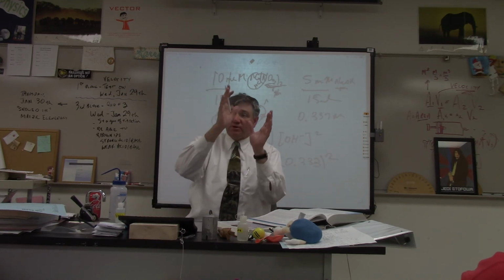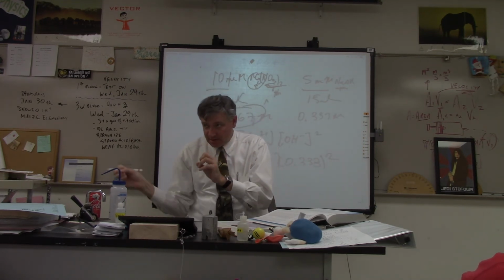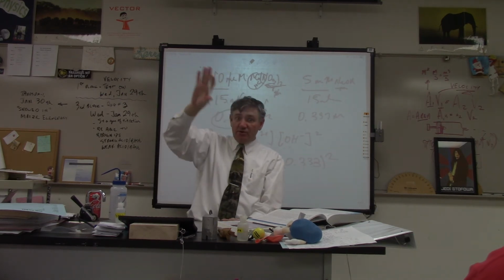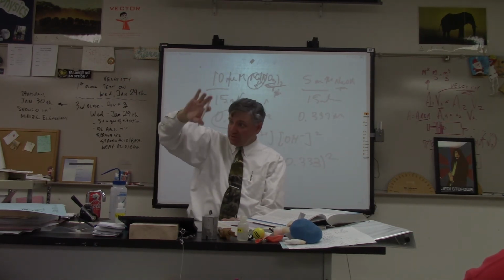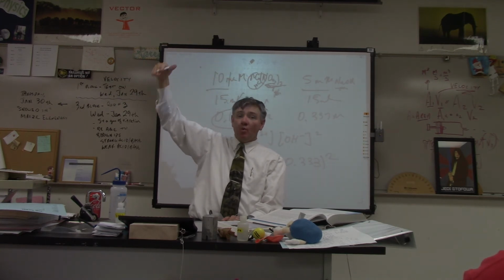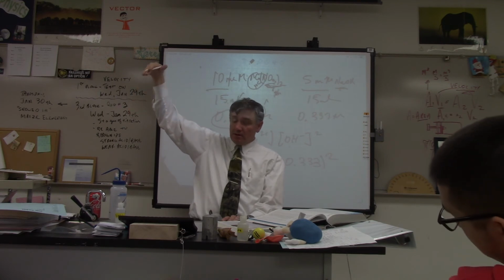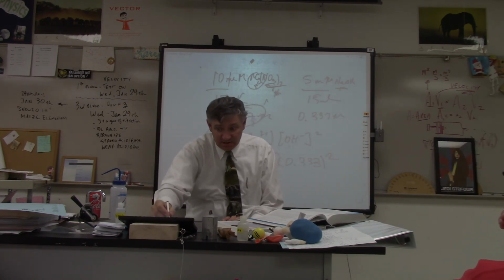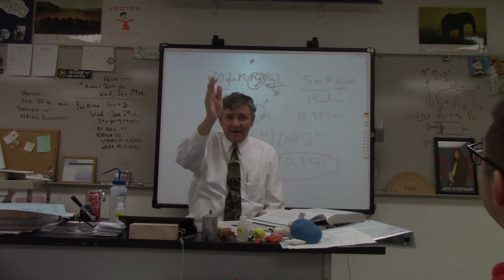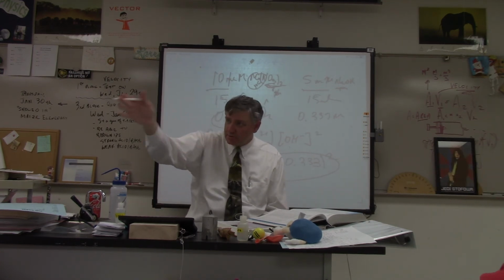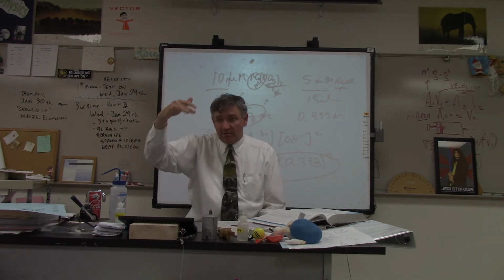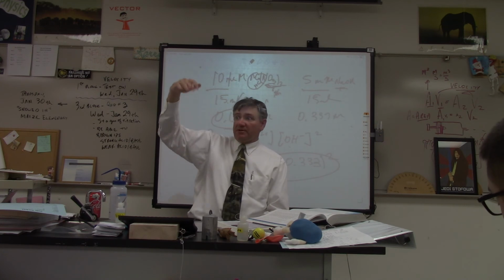When you look at the individual compounds that are ionizing, if there was a 2 in front of it and you get twice that amount, you have to take that into account. In this situation, the concentrations that I needed were in a 1-to-1 ratio with the compound. If they weren't, then these concentrations would be twice.